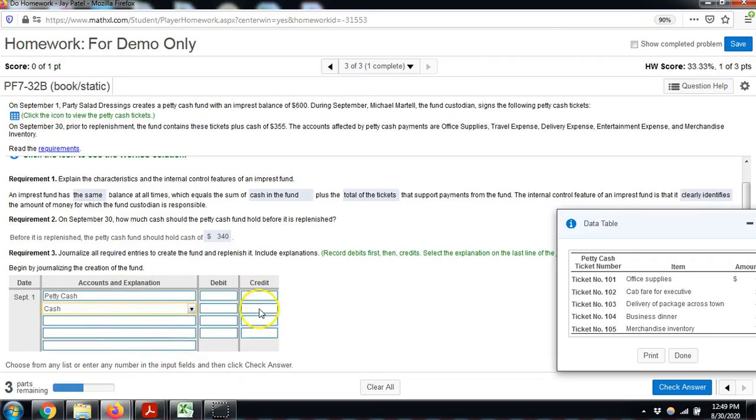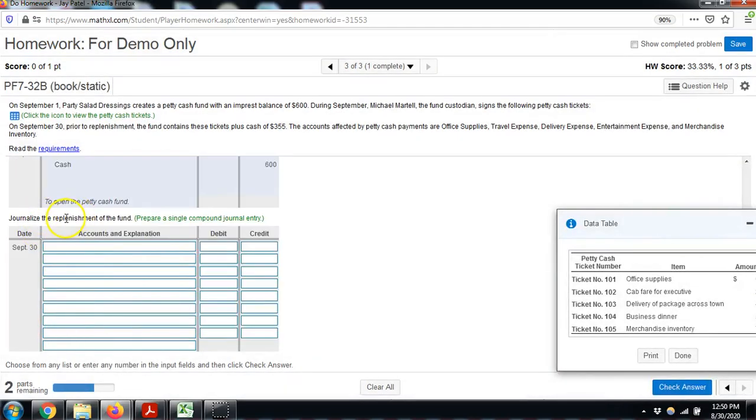What that means is that we're just moving money from our cash balance, our bank account, to this petty cash, the physical cash that we're holding in our office. So this is to open petty cash, and it's going to be $600. We start our fund off with 100% cash. None of it has been spent on anything. So it's just a $600 cash account.